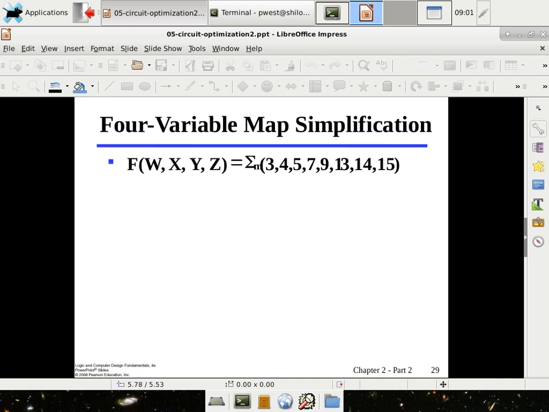What's that last guy up top? W naught Y Z X naught Y. Then you cancel out the X's, so it would just be W naught Y Z.